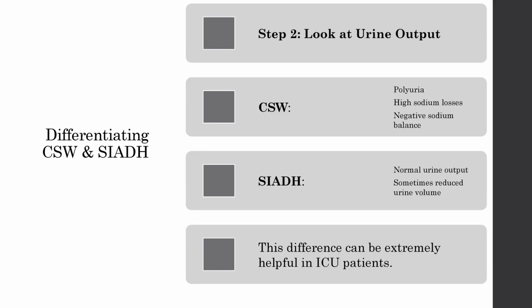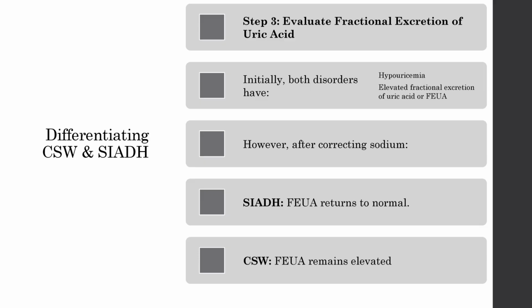Step 2. Look at urine output. CSW, usually associated with polyuria, high sodium losses, and negative sodium balance. SIADH, typically normal urine output, sometimes reduced urine volume. This difference can be extremely helpful in ICU patients. Step 3.